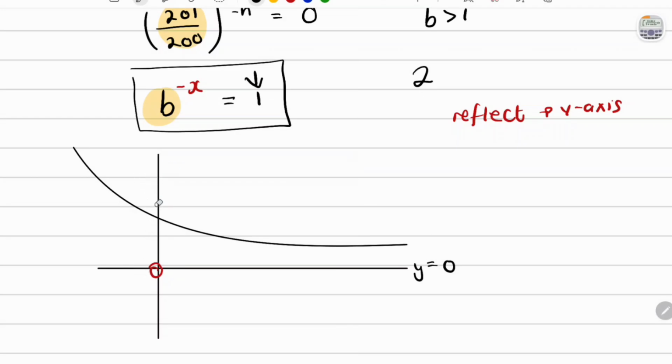If you keep going down, look at the graph here. For example, let's say here. Look at where this graph is, its x values here. And as we get closer to the y value of 0, look at where the graph heads towards. Look at the x values of this graph.